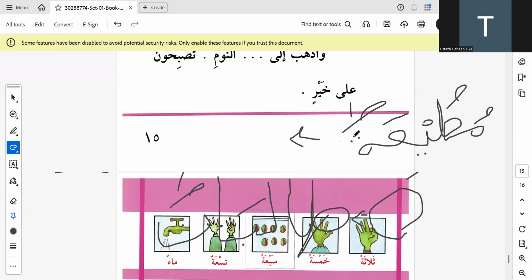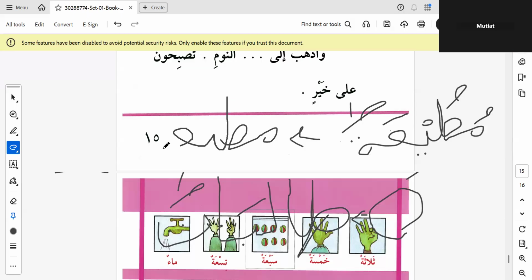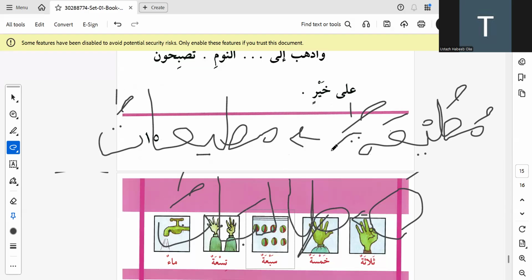You remove the ta. No, muti'atun. You're still saying ta. There's no ta there. Okay, that's what we have. Is that right? This is muti'atun. So we remove this round ta and replace it with alif and ta.